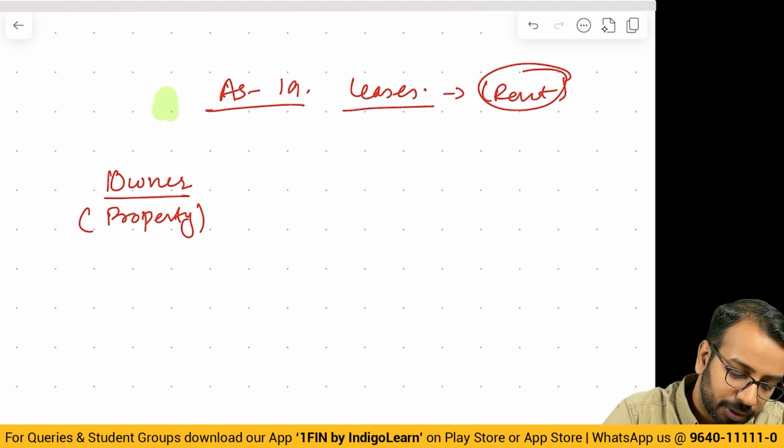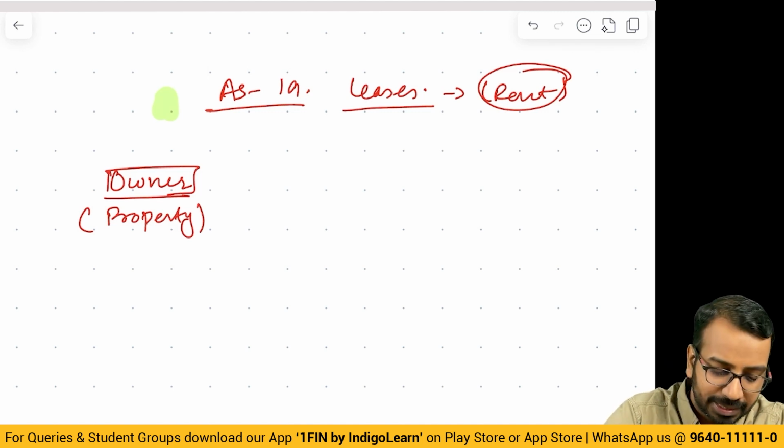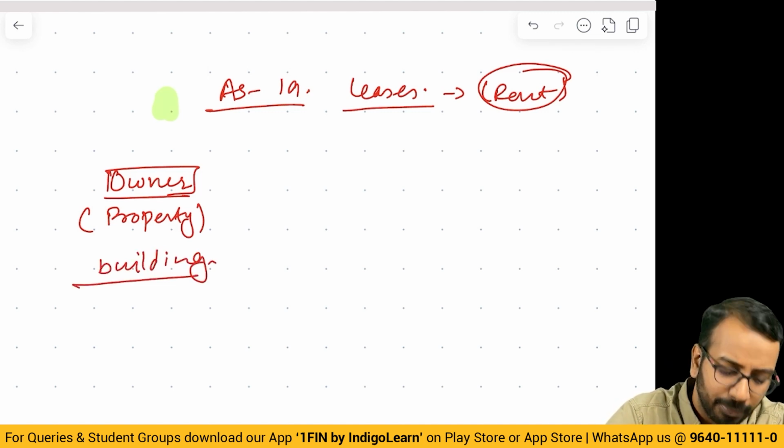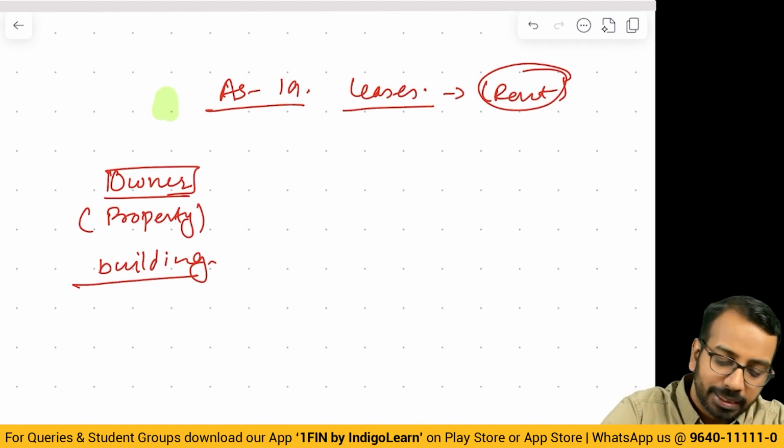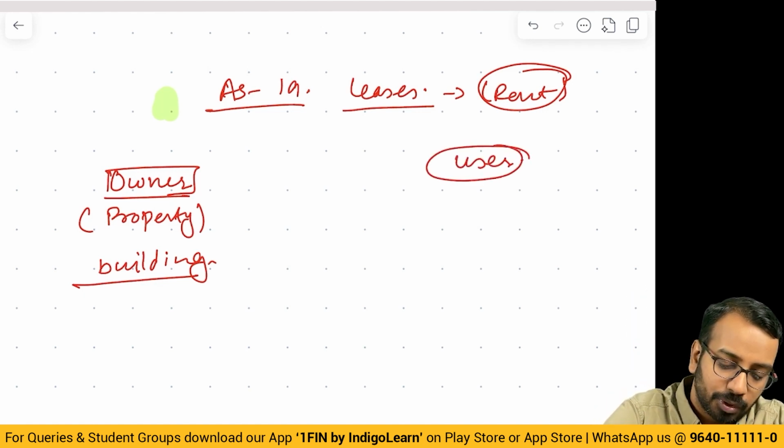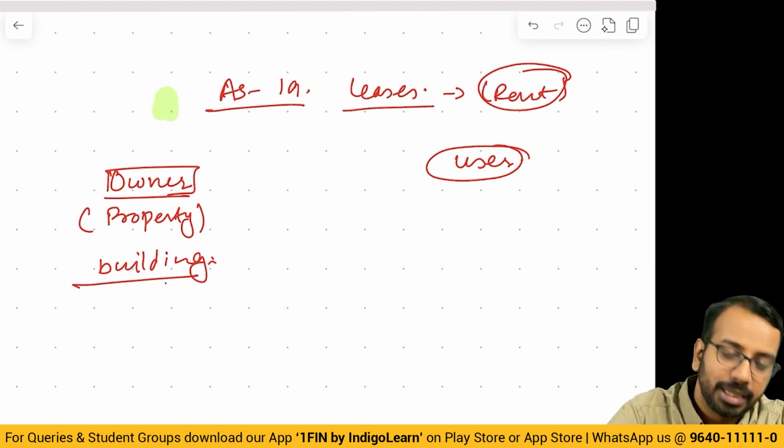So there is an owner of a property. Let us say the owner owns a particular building or a flat or an apartment. Then there is a user of this building. So there is an owner, there is a user.